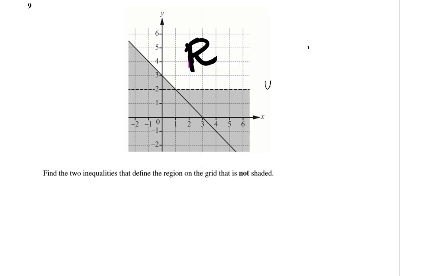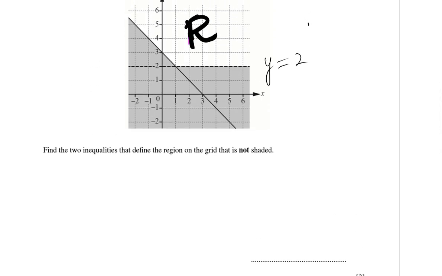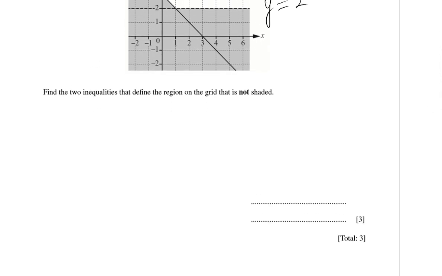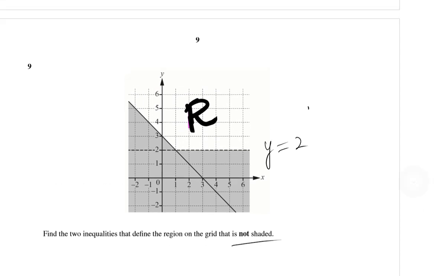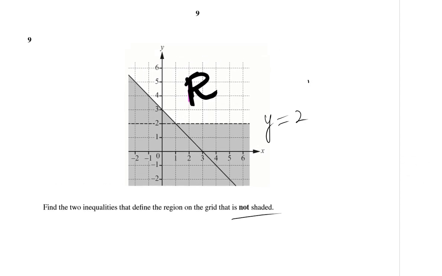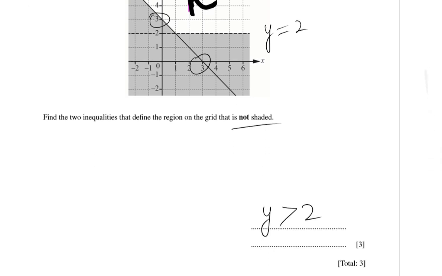As you can see, this is y is equal to 2 and your inequality should be greater than 2. Not shaded. Greater than 2.